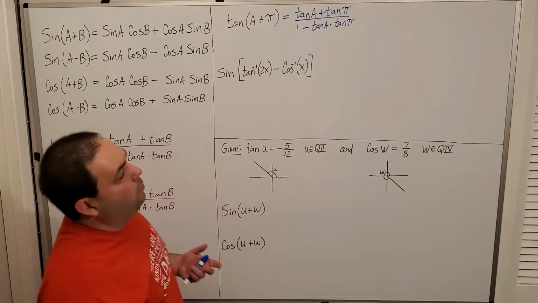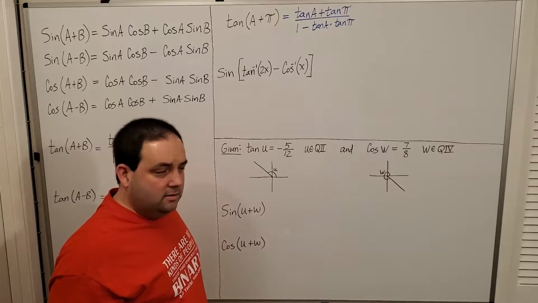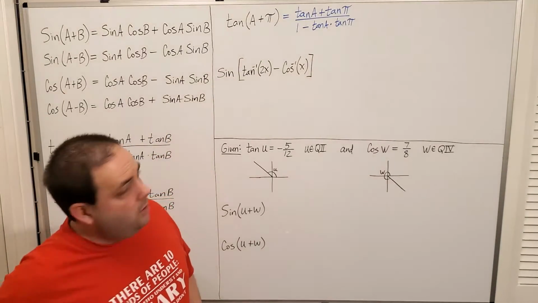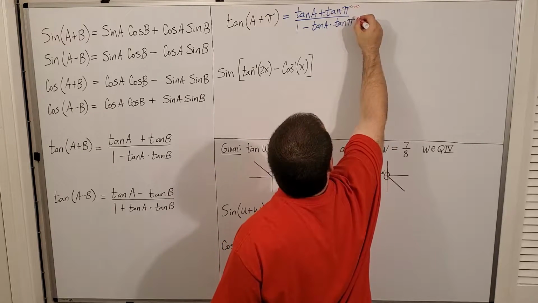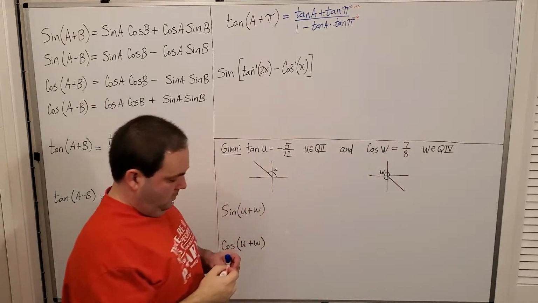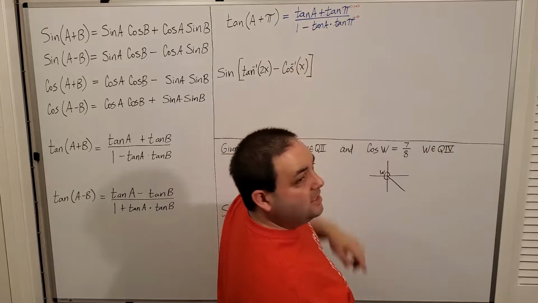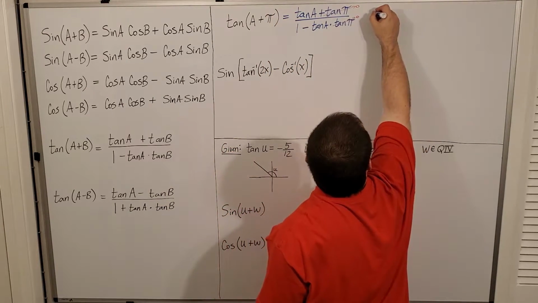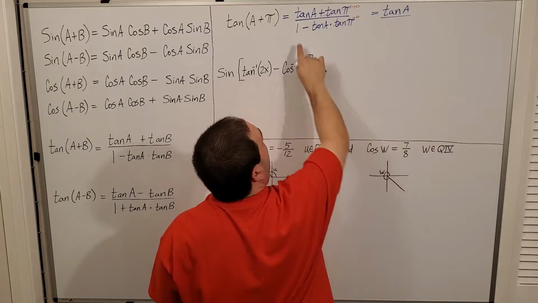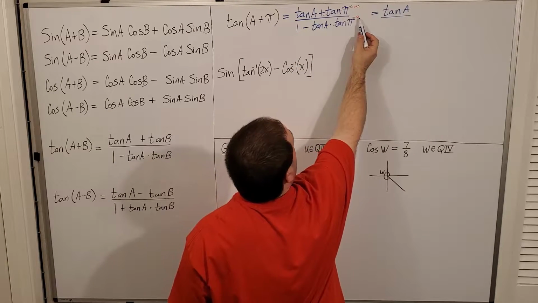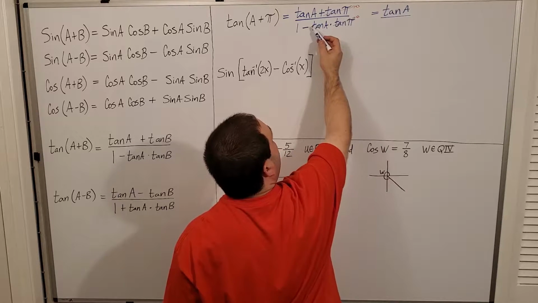Okay, but what's the tangent of pi radians? Right, tangent of 180 degrees is 0. So in other words, this piece right here is going to go to 0, and this piece right here is going to be 0 also. In the numerator then, I have tangent of a plus 0, which is just going to be tangent of a. In the denominator, I'll have 1 minus, now look, this is 0 times, it doesn't matter what this is, 0 times that is going to be 0.